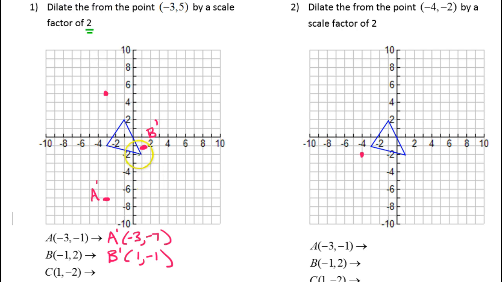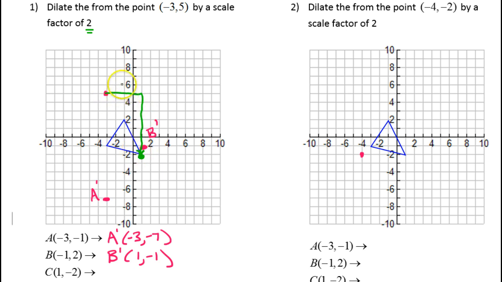So now I need to get from the center to point C. And of course point C is the point 1, -2, which is right here. So if I wanted to travel from the center to this point, I would have to go over this much, and I would have to go down this much. What did I just do?